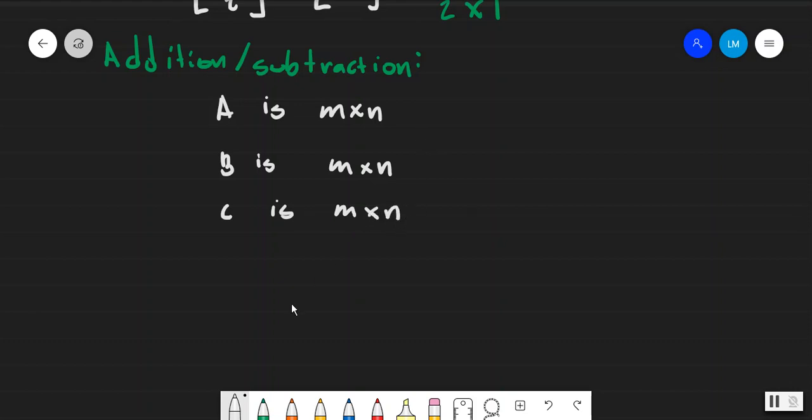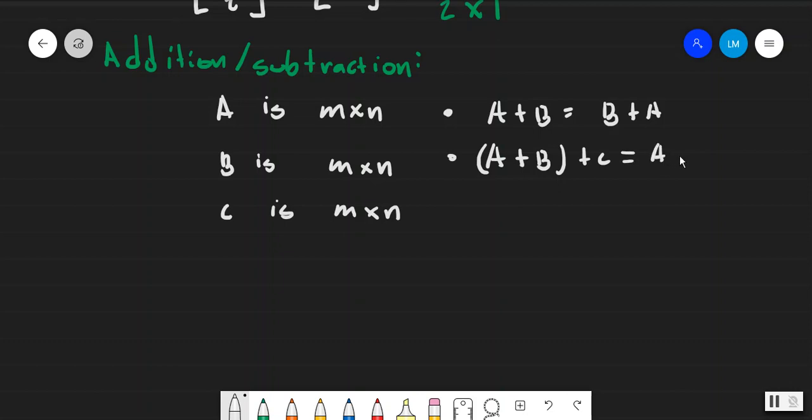So what that says is that A plus B equals B plus A. But notice that the dimensions are the same. If you have A plus B and then you add that to C, that's the same as A plus B plus C.